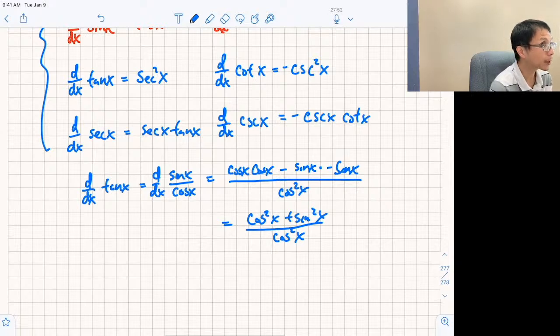Now what do you think my next step is? Yes, you have the identity cosine squared plus sine squared equals 1. Good. So remember that identity for a reason. So it'll be 1 over cosine squared of x. And what's 1 over cosine? That's how they come up with the secant.